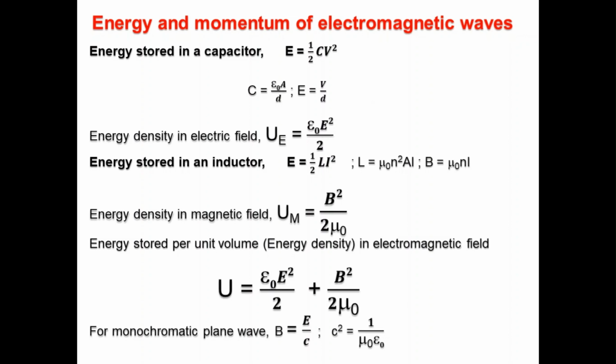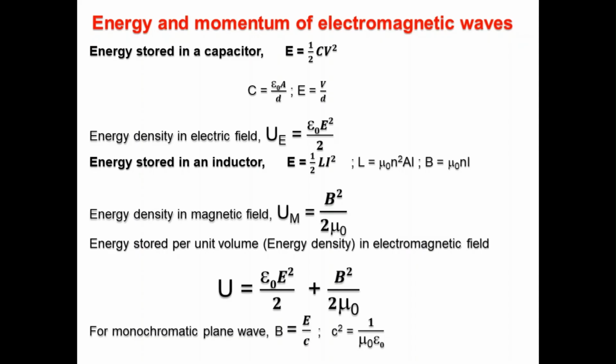Similarly, for an inductor, the energy stored is E is equal to half Li square. For a solenoid we already calculated that L is equal to mu naught n square A l and B is equal to mu naught n i. So for the energy density in the magnetic field, energy stored per unit volume, here also volume is A into thickness l.